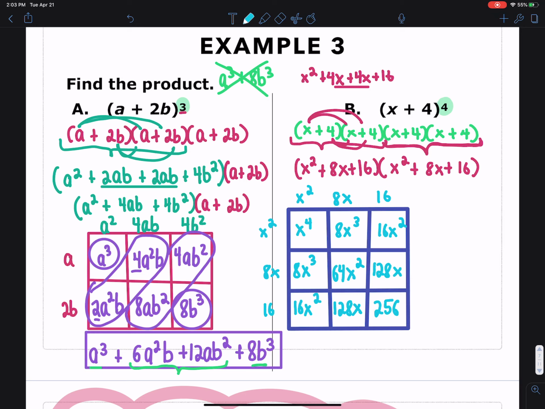And again, we're combining our like terms. So our highest exponent is 4, so we have x to the 4th power. And then we have our x to the 3rd powers. So 8 plus 8 is 16x to the 3rd.